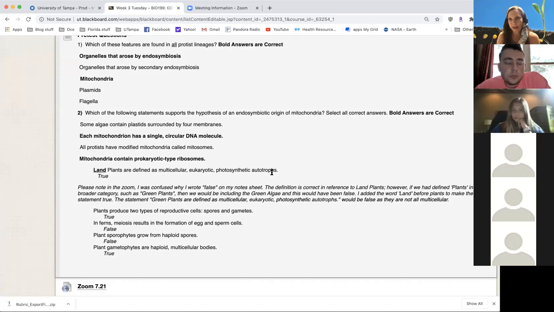If you think about it in terms of land plants, it is true. This is how land plants are defined. But if you are defining plants in a more broad sense, and this would include your green algae as well, so if you define it as green plants, then it is actually false, because that category would include your green algae, and your green algae are not all multicellular organisms.